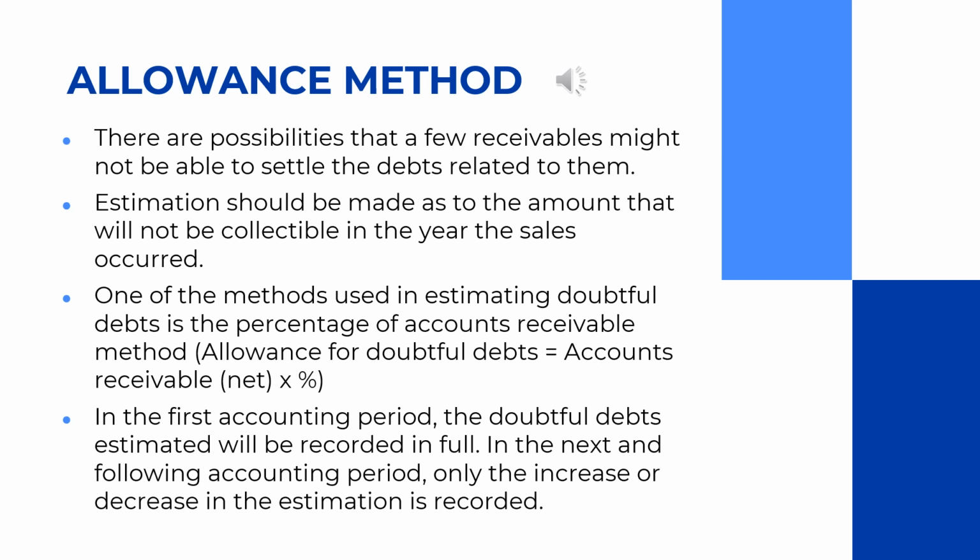In the first accounting period, the doubtful debt estimated will be recorded in full. In the next and following accounting periods, only the increase or decrease in the estimation is recorded.